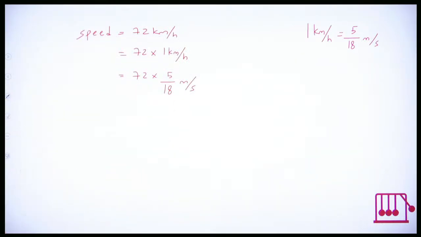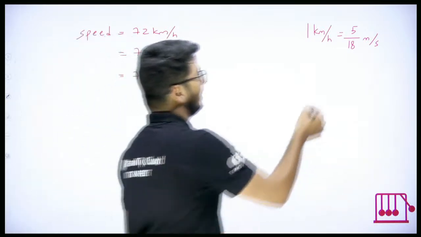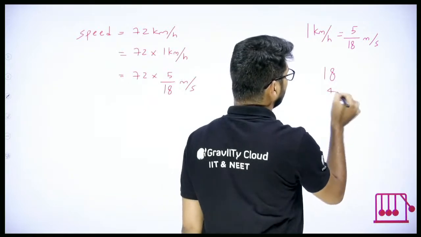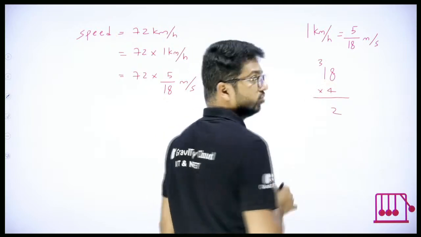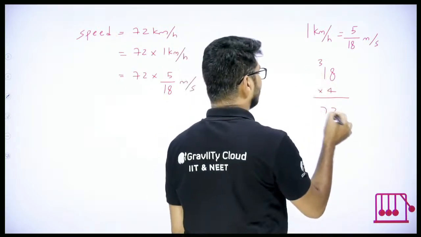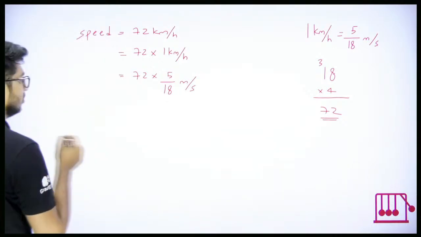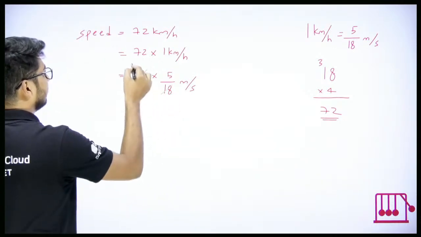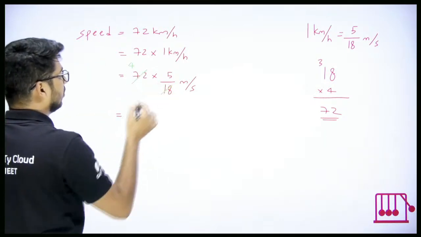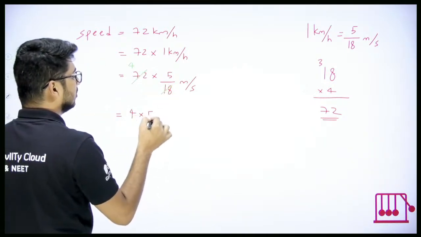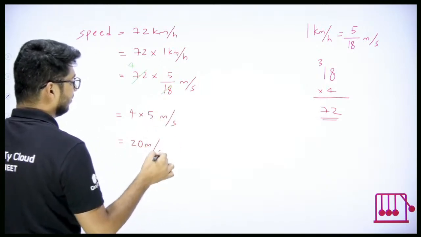Then, when we do the calculation, look at this. 18 into 4, 8 4s are 32. 3 carry. 4 into 1, 4. 4 plus 3 is 7. 72. Yes or no? That means if I do the cancellation, 18 4s are 72. So what is remaining? 4 into 5 meter per second. What is 4 into 5? 20 meter per second.